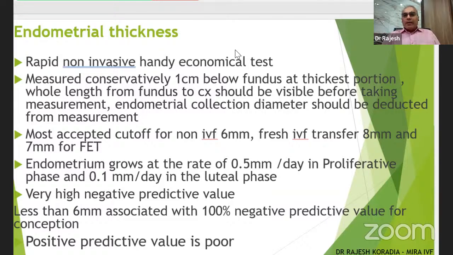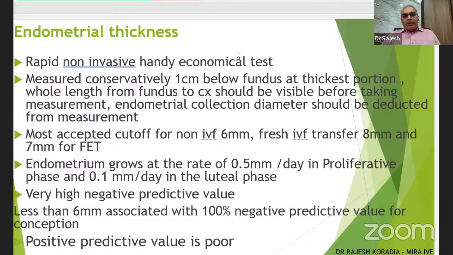If there is an endometrial collection, the diameter of the collection should be deducted from the measurement. The most accepted cutoff of endometrial thickness in a non-IVF cycle is 6 millimeter, for fresh IVF transfer is 8 millimeter, and anything more than 7 millimeter for frozen embryo transfer.